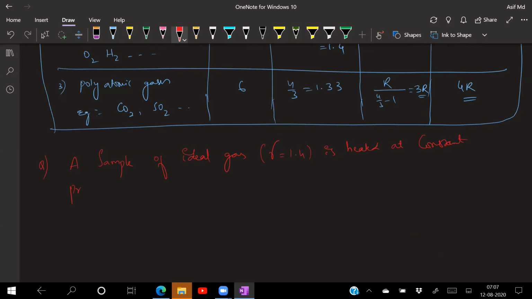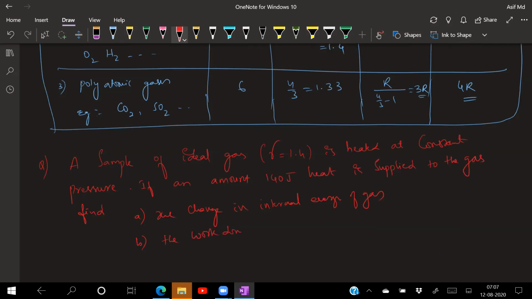If an amount of 140 joule heat is supplied to the gas, find A, the change in internal energy of the gas, and B, the work done by the gas.